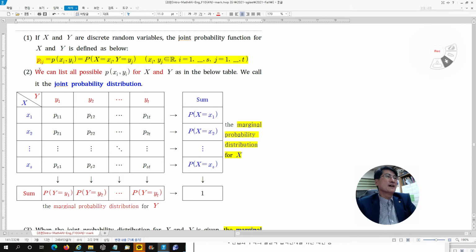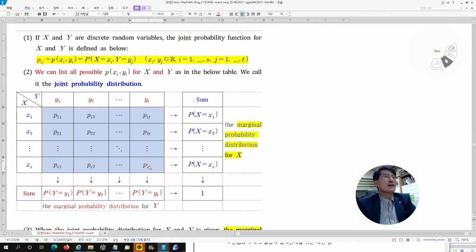So we can list all possible p sub ij's in a table like this: p11, p12, p21, ps1, like this. We can fill out these joint probability functions here. We call this p sub ij the joint probability distribution.